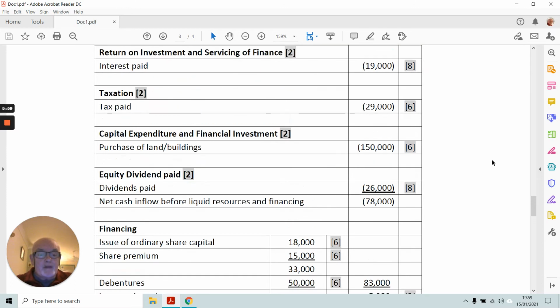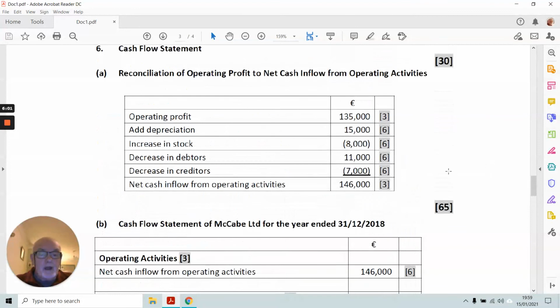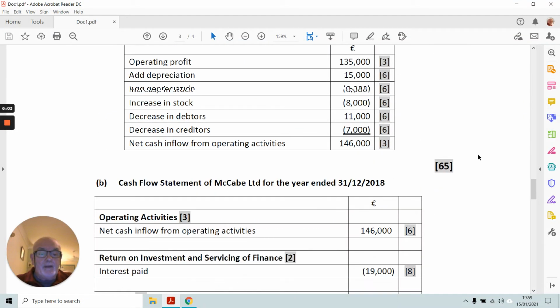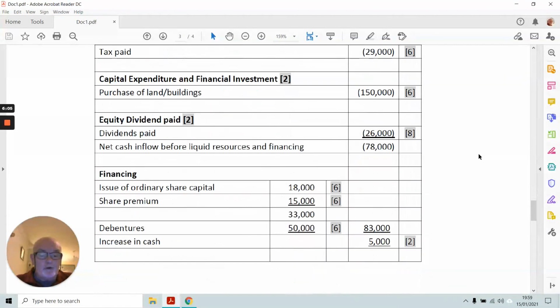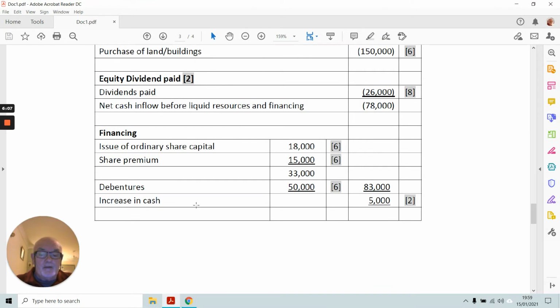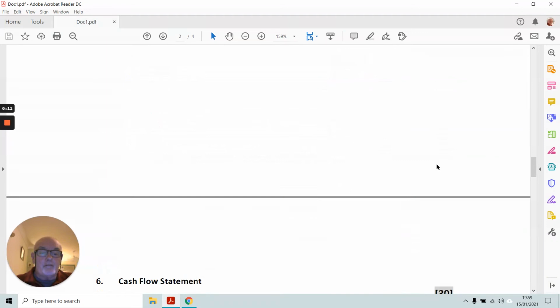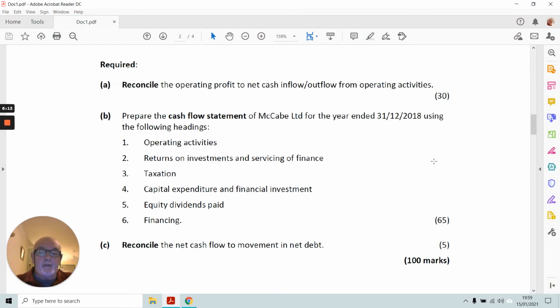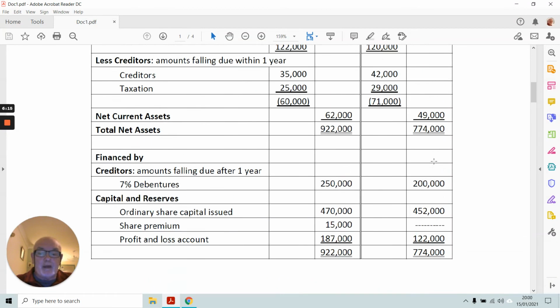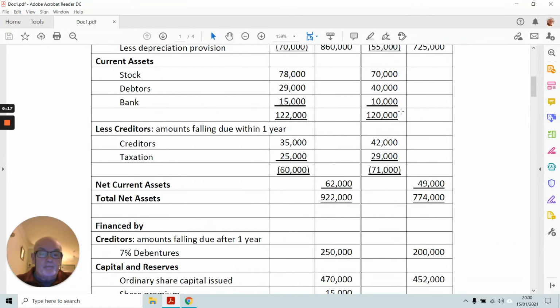So you know your starting point, the operating profit, and it's kind of comforting to know your ending point as well, the increase in cash of 5,000, which you're able to read off the original question by looking at the bank balance or the cash balance, or both. Was 10 and is now 15,000.